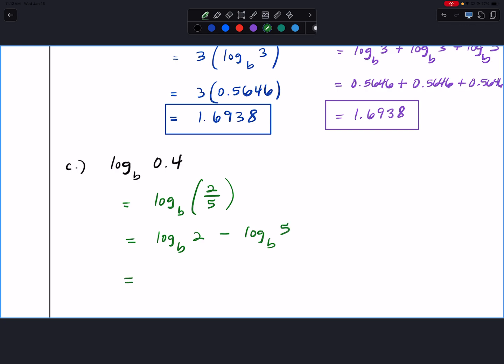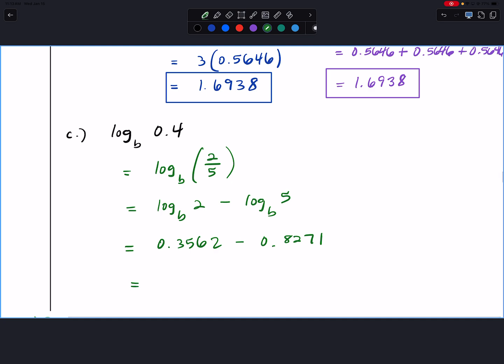So that's going to equal 0.3562 minus 0.8271. And we get negative 0.4709.